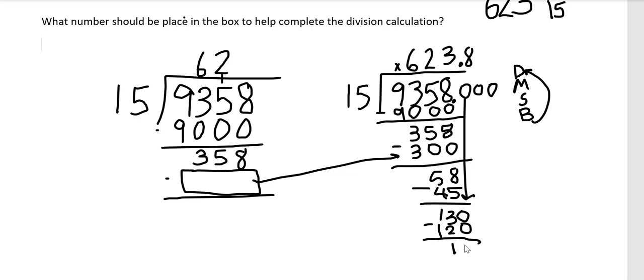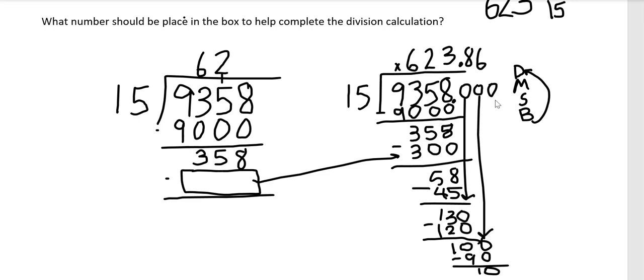I get 10, still not a remainder of 0. Bring down the next number, 0. 15 goes into 100, nope, sorry, 6 times. And 15 times 6 is 90. And then I subtract and get 10.